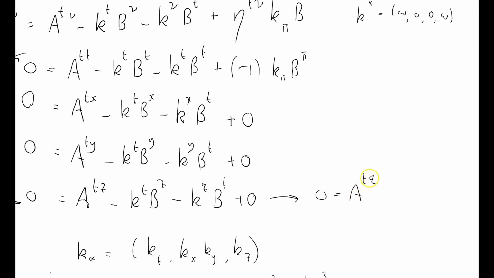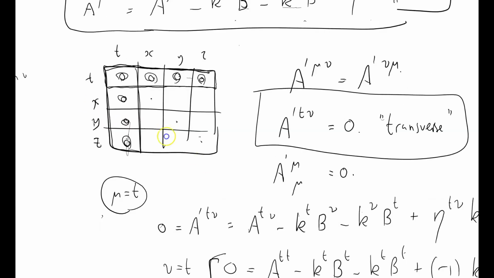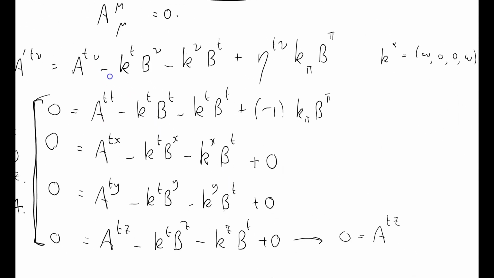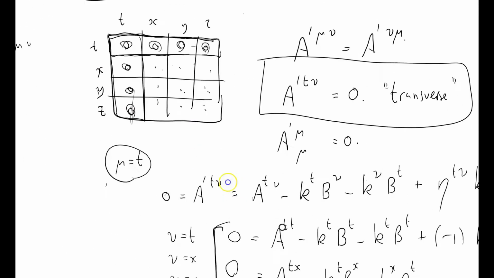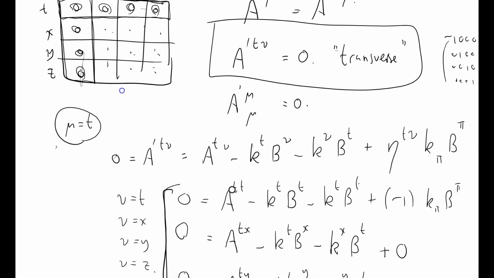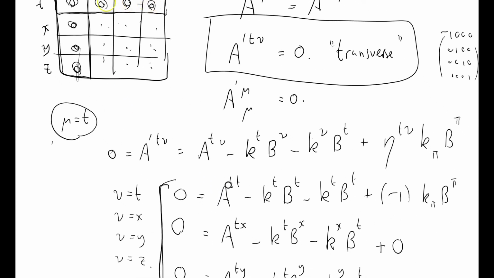Remember the point of all of this: we are given this A matrix by the physics of the situation, and we want to find a gauge transformation, a theta transformation, that allows us to simplify this matrix. The simplification I'm seeking at this stage is to make the first row and the first column equal to 0.